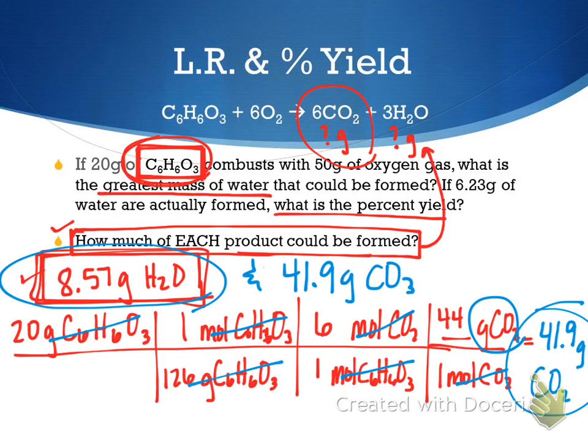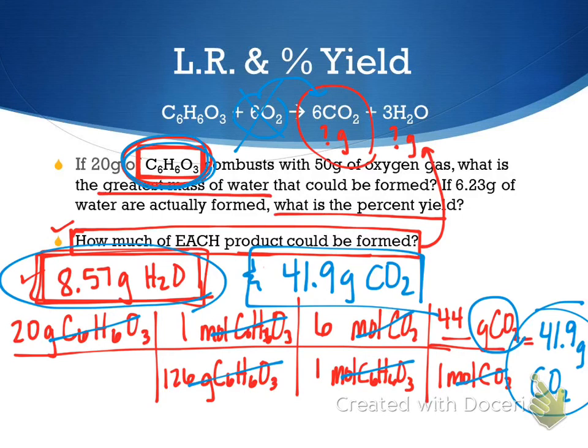We would never need to do a T-chart from oxygen gas to CO2 because oxygen gas is not our limiting reactant, so it's not going to run out first. Once we've determined what our limiting reactant is, C6H6O3, all of our T-charts should start with that.